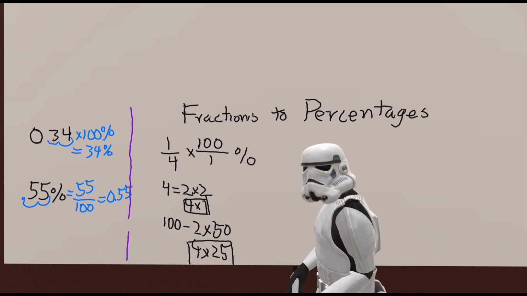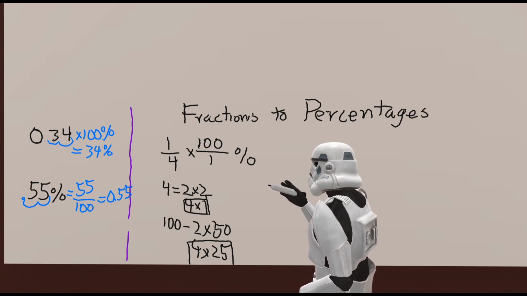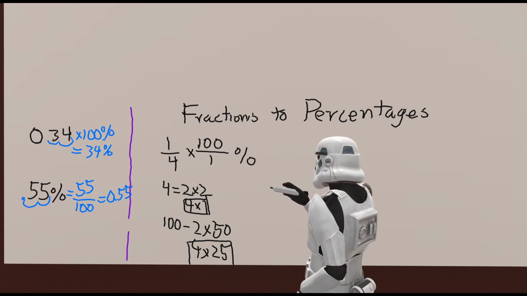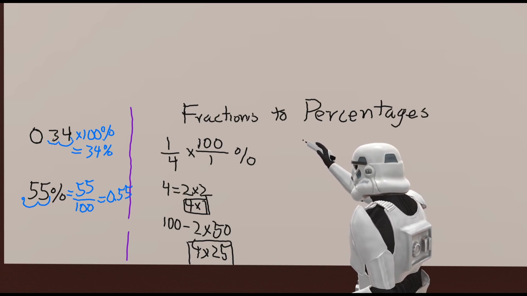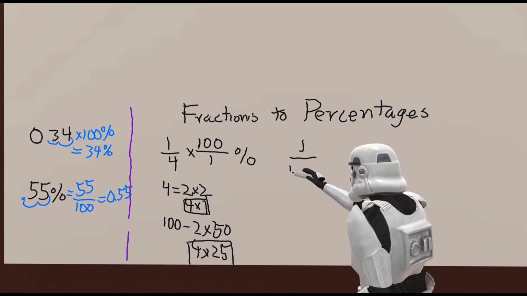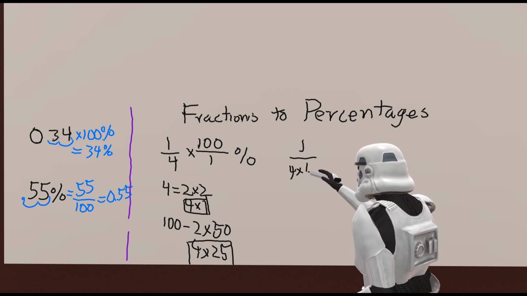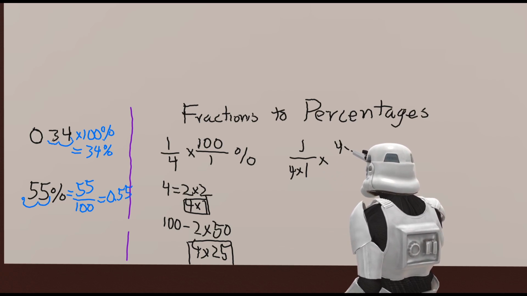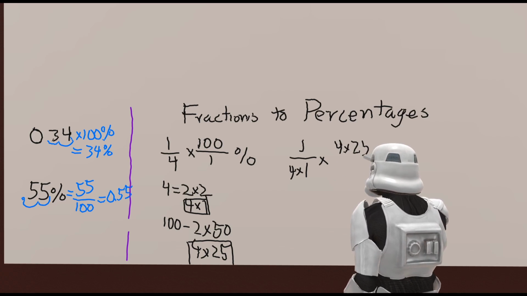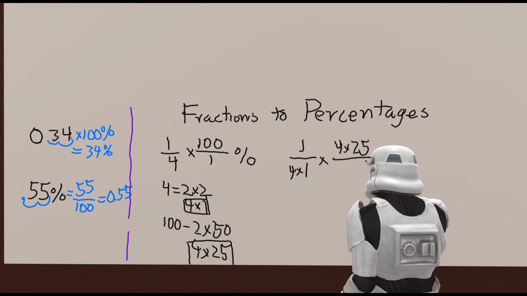Let's rewrite this as the factor pairs. So 1 over 4 times 1 times 4 times 25 divided by 1.